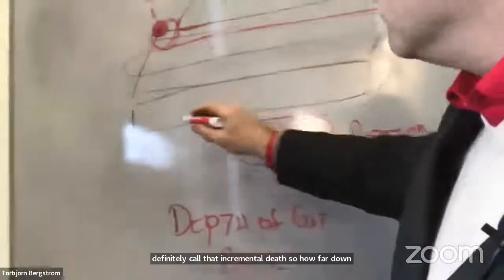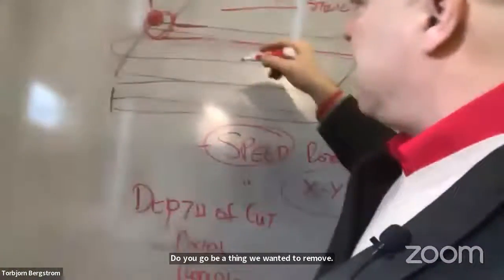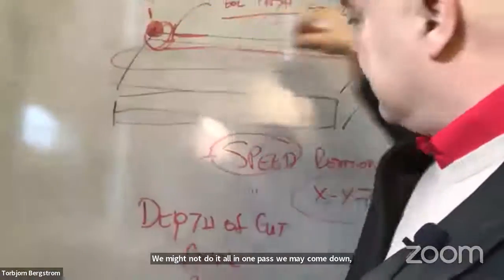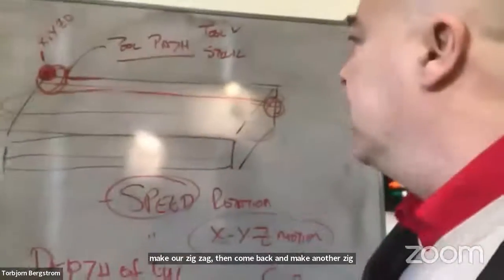If we wanted to remove an inch of material off this piece, we might not do it all in one pass. We may come down, make our zigzag, then come back and make another zigzag again and remove that material in layers from the part.